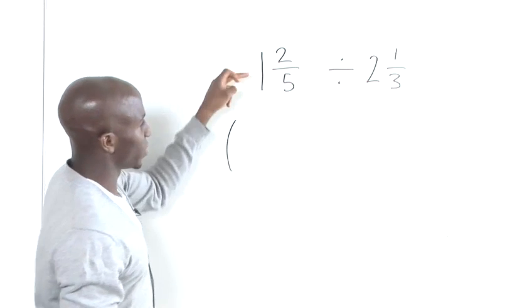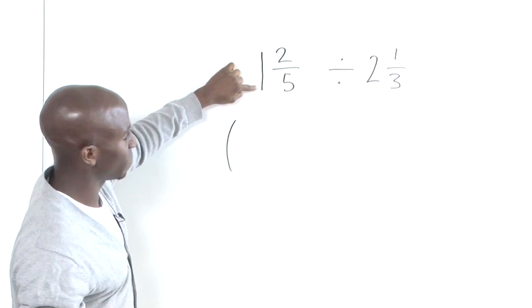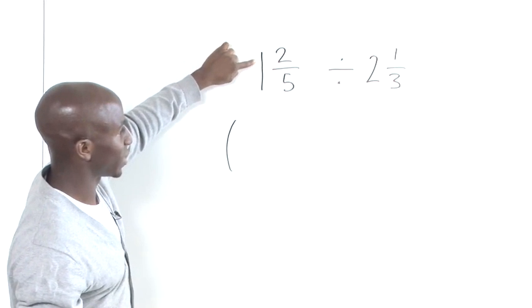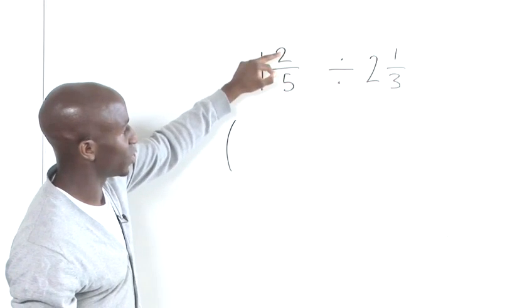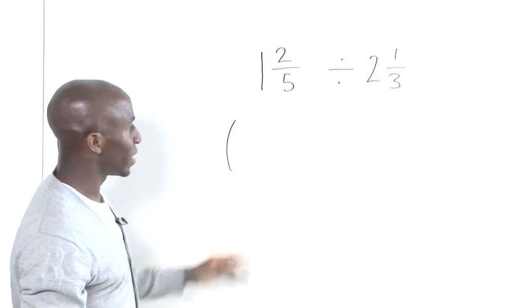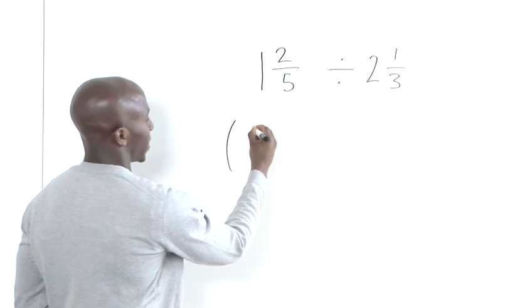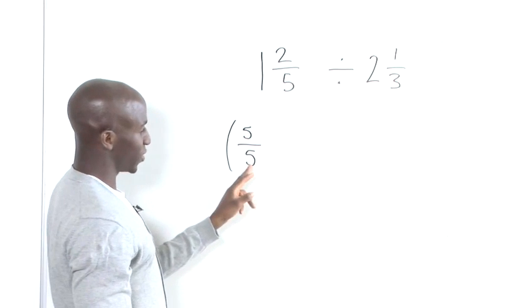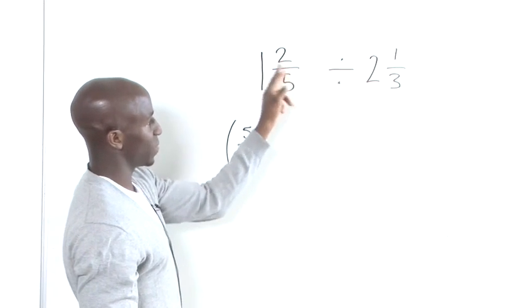So we want to place a denominator and a numerator for this 1 so that it can directly add to the 2/5 that we have here. The easiest one to use is 5/5. So that's 5 divided by 5. And remember, the benefit of having the same denominator is just so that you can add the tops.